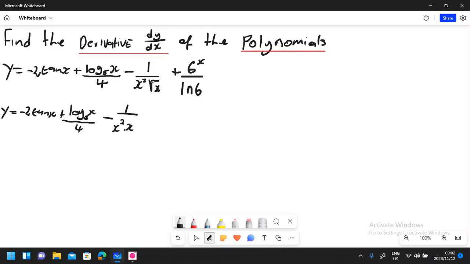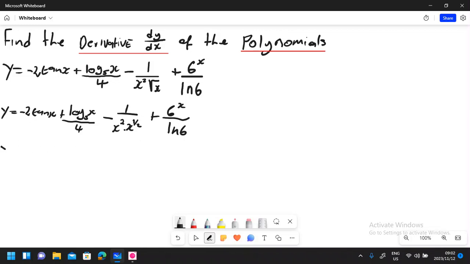If we write the square root in terms of an exponent, it's exponent 1 over 2, and then this one here is still fine. We just have to rewrite it as it is. I'm going to try to be quick so that we don't waste time.